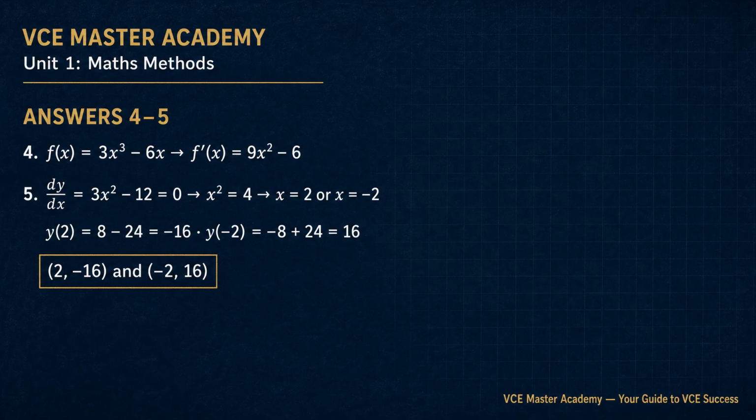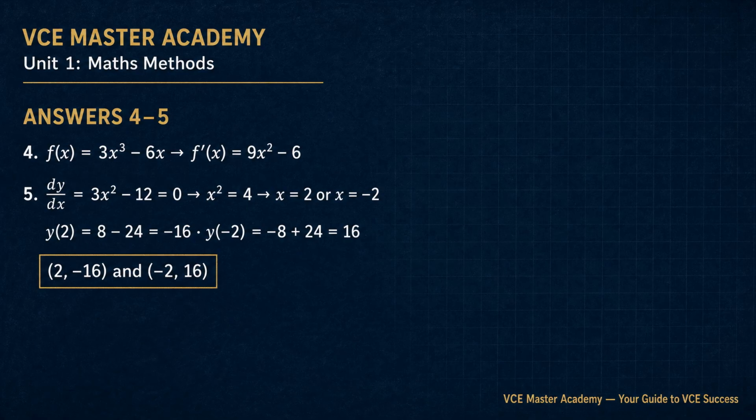At x equals 2, 8 minus 24 is negative 16. At x equals negative 2, negative 8 plus 24 is positive 16. So the points are 2, negative 16, and negative 2, 16. Those flat spots are actually the turning points of the cubic, the top of the hill and the bottom of the dip. And that idea is exactly where the next lesson picks up.